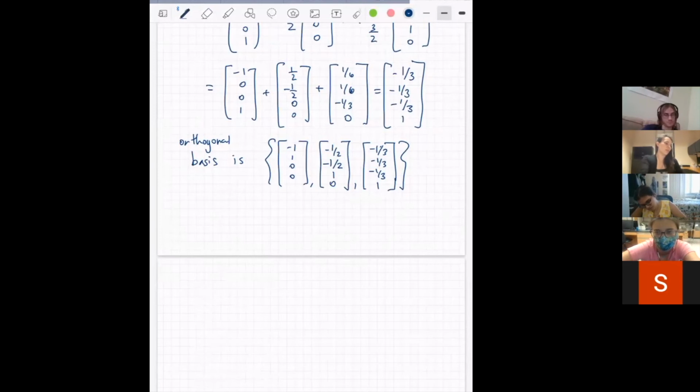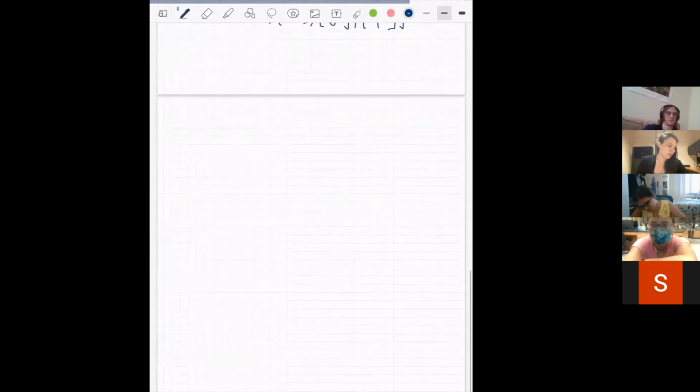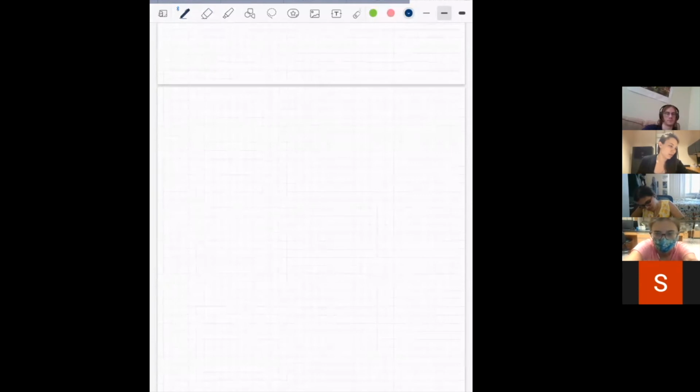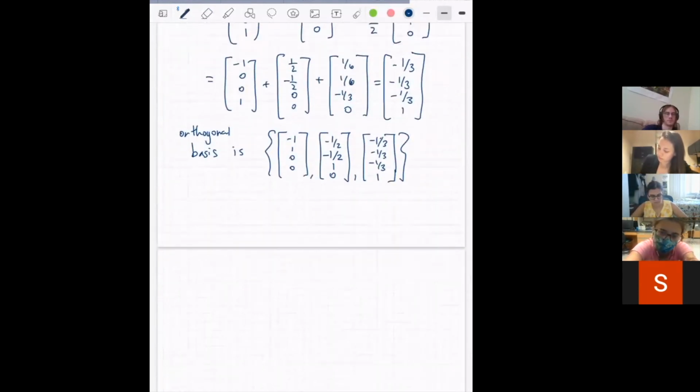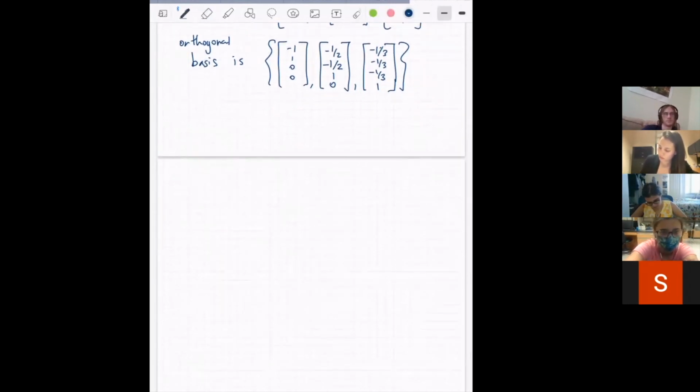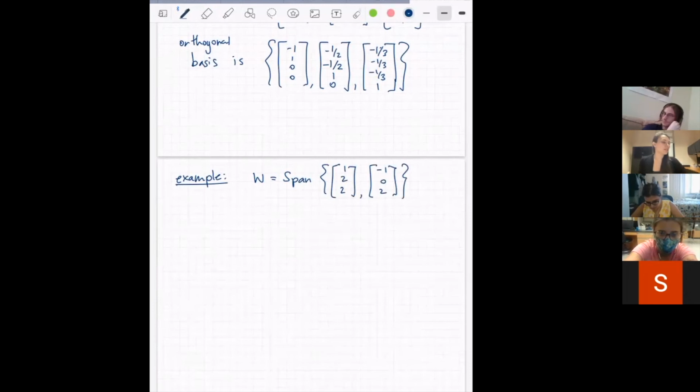Okay, and so maybe I will, yeah, we'll do one more example. Here, I'll just move it to this next. Okay. And so say we have this subspace. This will be a subspace of R3 given by the span of these two vectors, right?